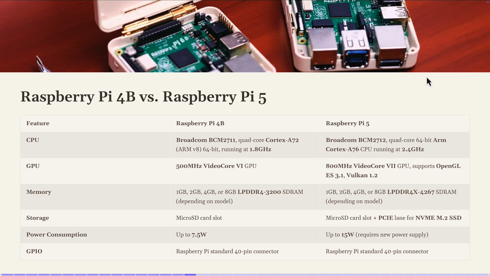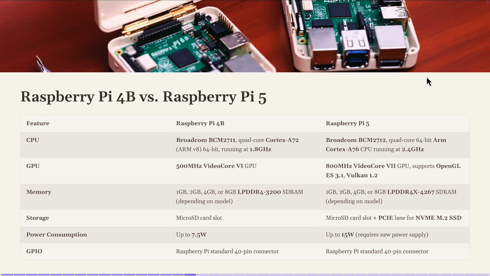Here it's 1.8 gigahertz compared to 2.5 gigahertz. In terms of GPU, there is also an improvement. This runs only at 500 megahertz, and Raspberry Pi 5 runs at 800 megahertz with a VideoCore 7 GPU, which supports OpenGL, an open source library for 3D rendering, okay, and other libraries as well.